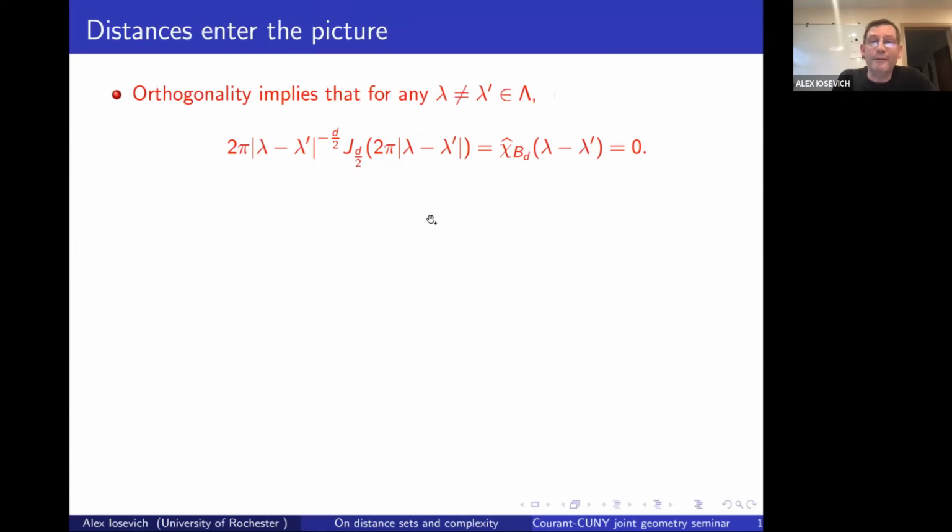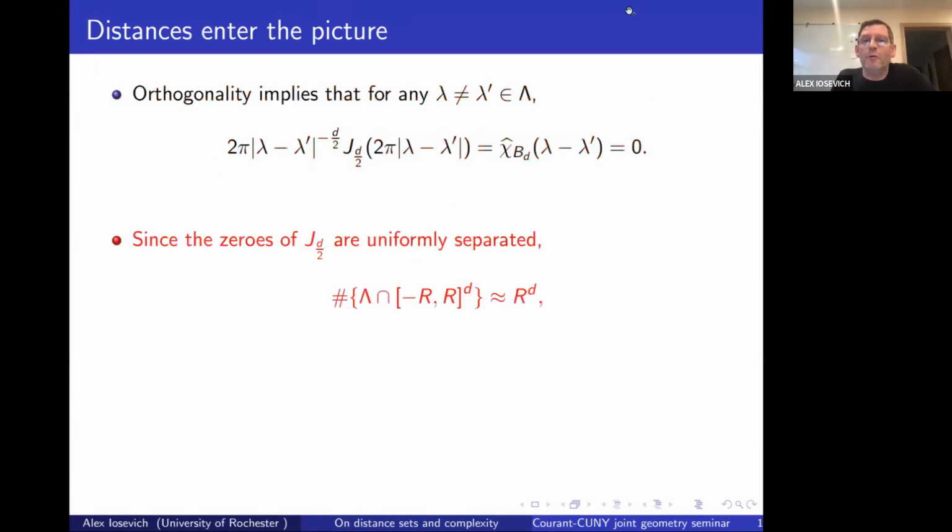Okay? Now, the theory of Bessel functions is extremely well developed, but we don't need to know much about it at all, except that these zeros are uniformly separated, which is a calculus 1 exercise. And so in particular, if this spectrum exists, if you look at the elements of the spectrum in a large cube of radius r, there are approximately r to the d points of this putative spectrum.